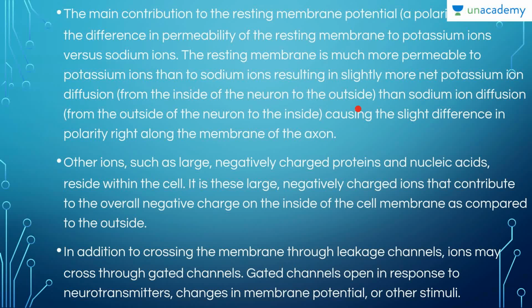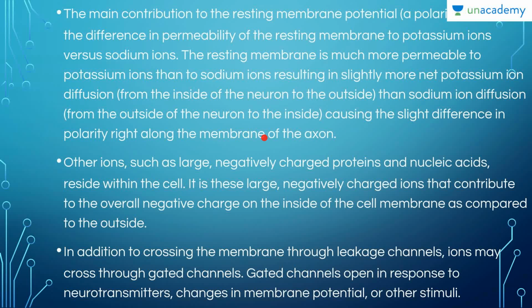The permeability is more to the potassium ions, and some amount of potassium ions always keep leaking towards the outside, and potassium is by convention present inside. So we have then the sodium ion diffusion from the outside of the neuron to the inside, causing the slight difference in polarity along the membrane of the axon.